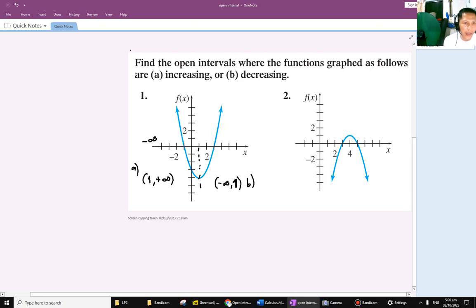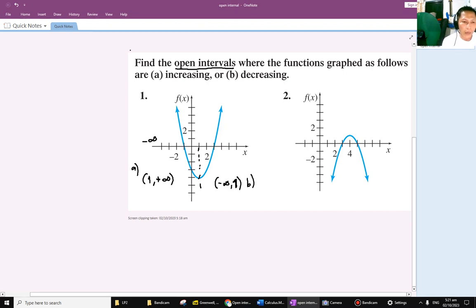I was answering this with a closed interval during my lecture, but since the problem is only asking for open intervals, this should be the answer: an open interval from 1 to positive infinity for increasing, and negative infinity to 1 for decreasing.